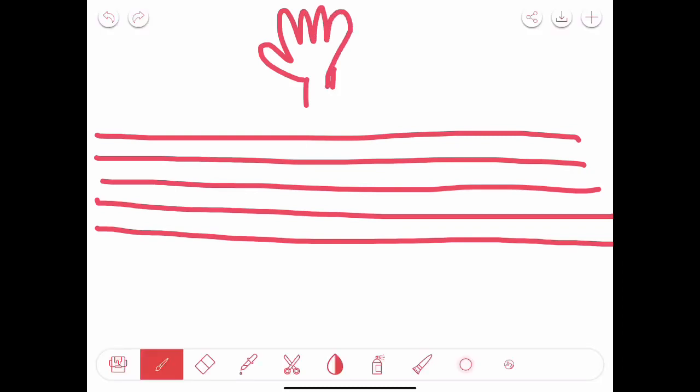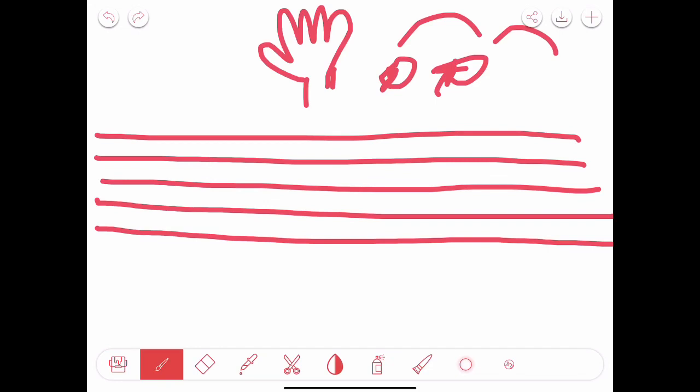The only thing is you need to look at your hand and you need to count your fingers. That's how many lines the staff has. I don't want anyone to get this wrong.